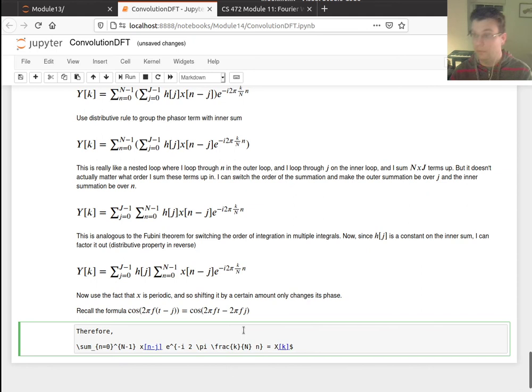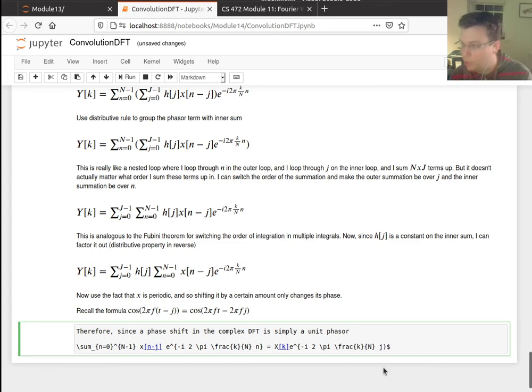Now, since a phase shift in the complex DFT is simply a unit phasor, I can write this as a complex number. So this is going to be x_k times e to the negative i 2 pi, and f is actually k over n, times j.